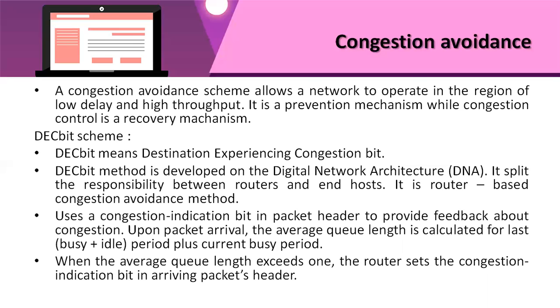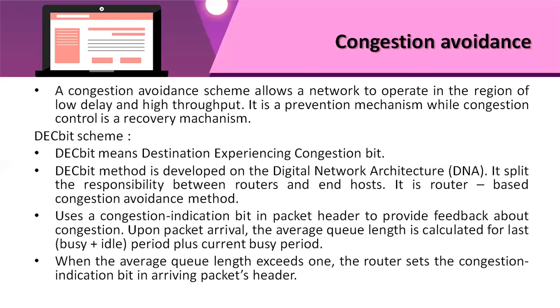Upon packet arrival, the average queue length is calculated to avoid congestion. The average queue length is calculated based on the last period queue length plus the current busy period queue length. If the average queue length exceeds the value of 1, the router sets the congestion bit in each arriving packet's header.